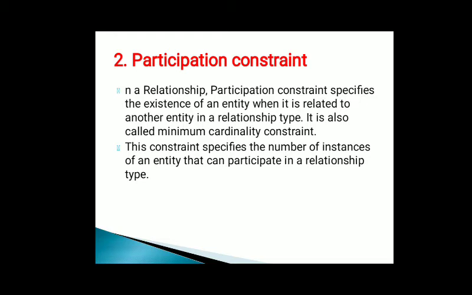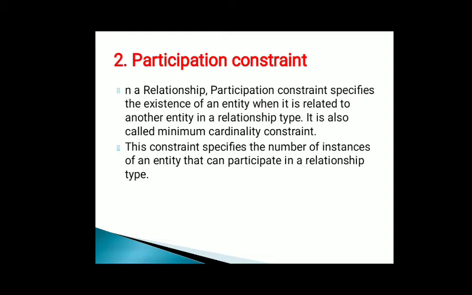This constraint specifies the number of instances of an entity that can participate in a relationship type. Got it, all of you? If any relationship is formed between two tables, means two entities, this constraint applies.